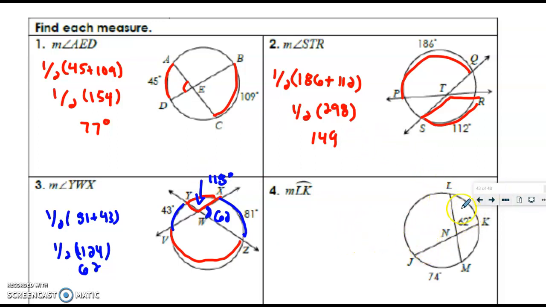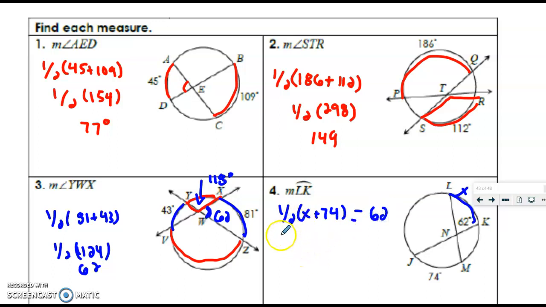In this case, I'm trying to find out what LK is. I know the angle, and I know another arc. So to find out what LK is, we'll just make that X. We're going to say 1/2 of those two arcs added together, X and 74, is going to equal whatever that angle is, which is 62.